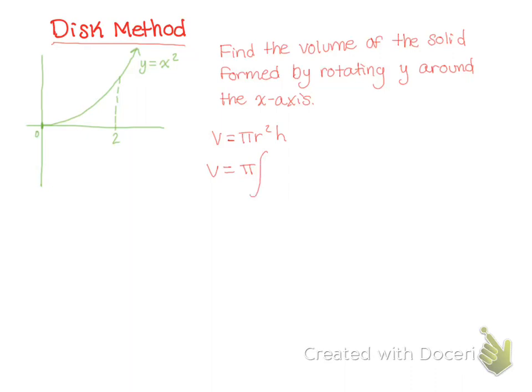In this example, we're going to be looking between 0 and 2. Okay, so that's where our integral is going to go. And then it is f of x minus the axis, which is just 0, squared. Okay, so V is going to equal pi integral from 0 to 2. Well, f of x is just x squared, dx.